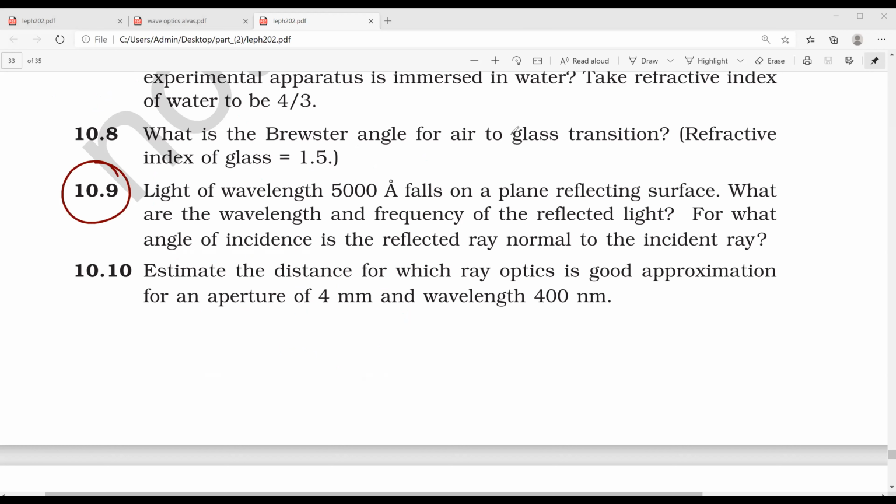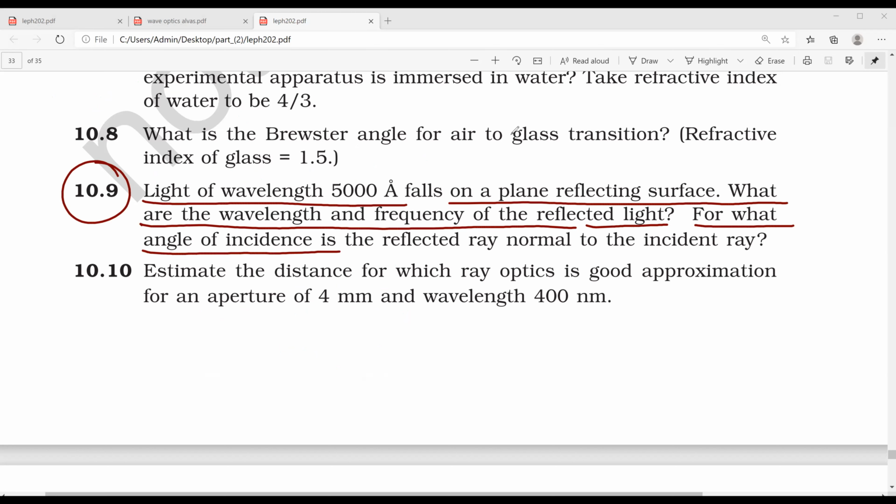What did they ask? Light of wavelength 5000 angstrom falls on the plane reflecting surface. What are the wavelength and frequency of the reflected light? For what angle of incidence is the reflected ray normal to the incident ray?